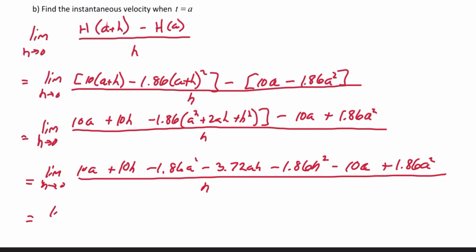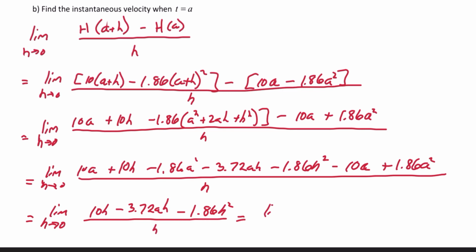Next, we'll combine like terms, leaving us with 10h minus 3.72ah minus 1.86h squared, all over h.